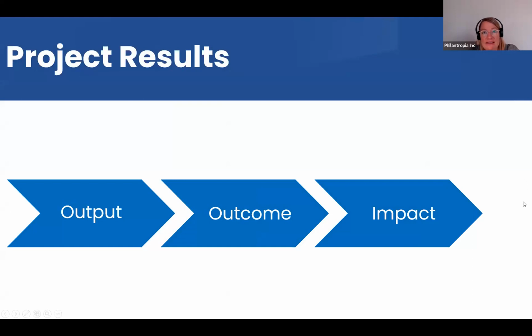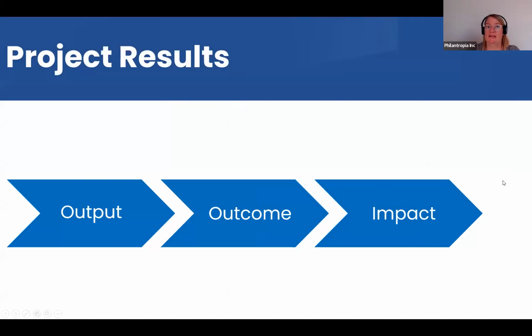Then we have the results, which describe what you want to achieve, again, but after the project. That's very closely connected to objectives and goals. But here again, you have the 3 different categories. You have output, outcome, and impact. The output is the direct result of an activity.